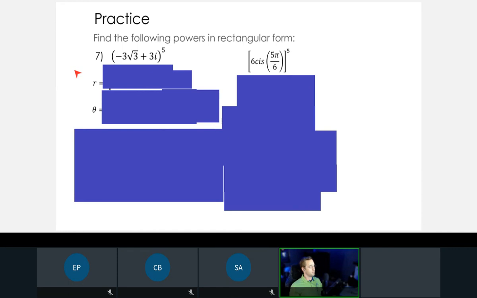Okay. So number 7, I'm going to give all of you 2 minutes to convert from rectangular to polar. I have it on the screen. Mistakes were made. Nothing to see here. Thank you, Emily, for pointing out the obvious, that I didn't cover it.